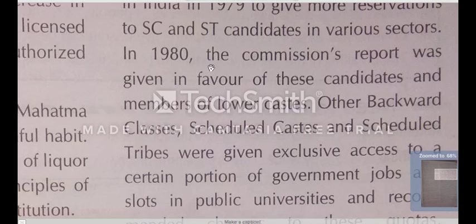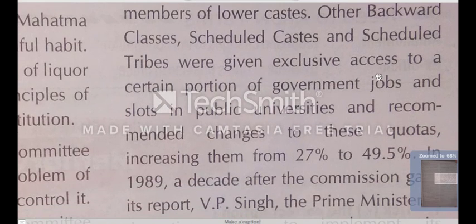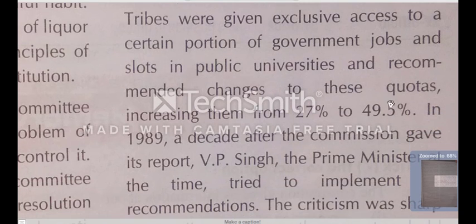Other backward classes, OBC, scheduled caste SC, and scheduled tribes ST were given exclusive access to a certain portion of government jobs and slots in public universities, and it recommended change to these quotas, increasing them from 27% to 49.5%.